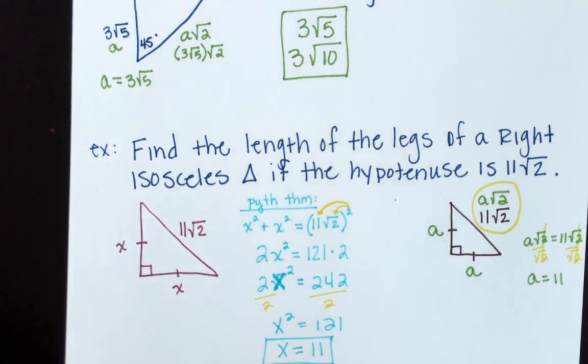So I did say that, again, with special rights that are right isosceles, you have options: the Pythagorean theorem or this pattern. This pattern is huge. It will make things go a lot faster.